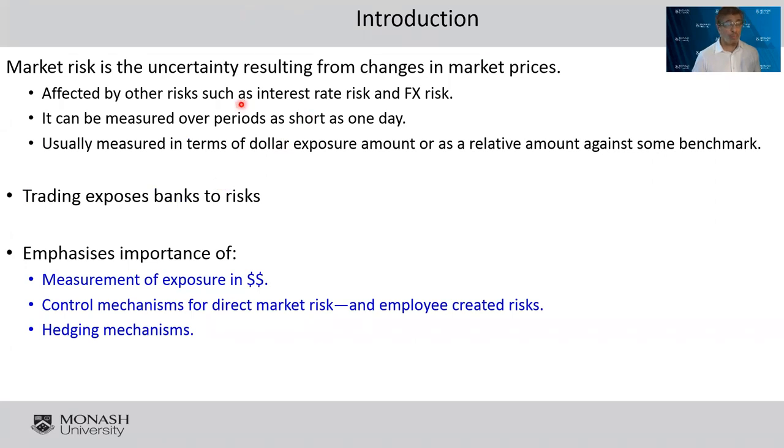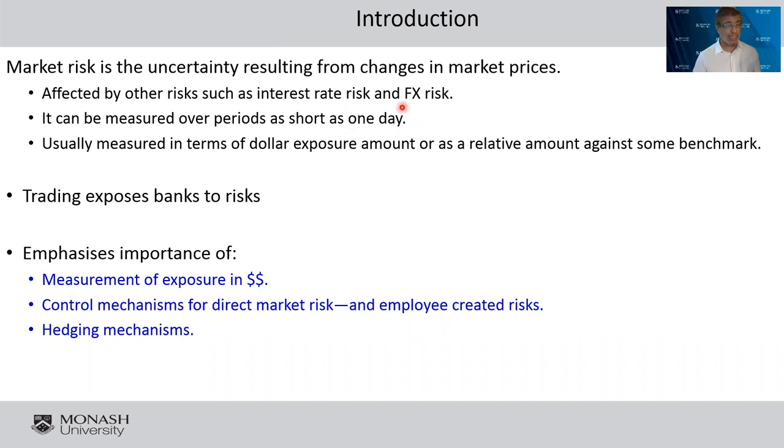And when we measure it, we can measure it in monthly time, quarterly time, semi-annual time, annual time, or we can do it as JP Morgan did, in one day. And when we report market risk, we don't bring it in percentages.